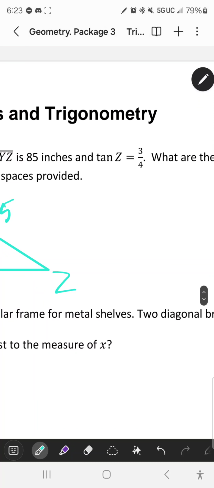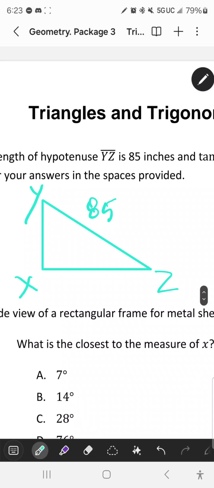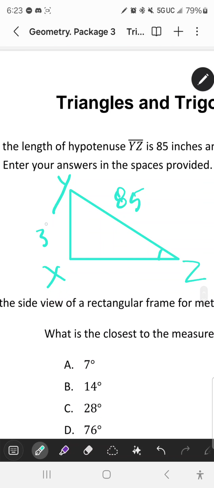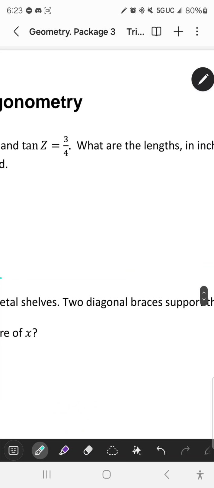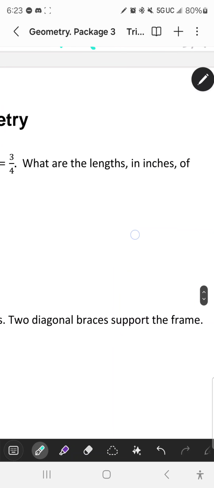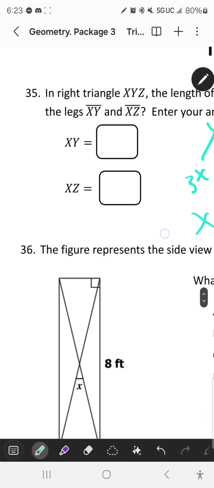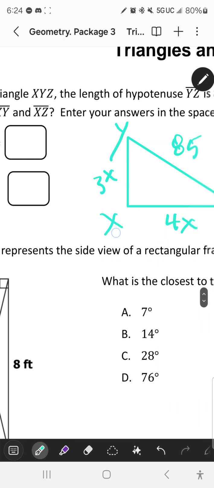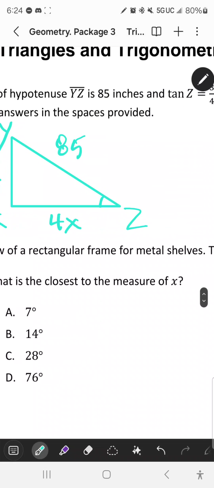And the tangent of C is 3 over 4. Find the lengths in inches of the legs XY and XZ.